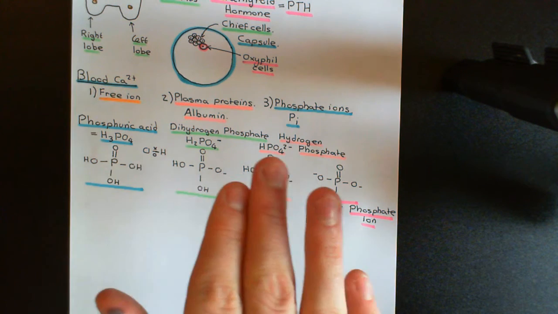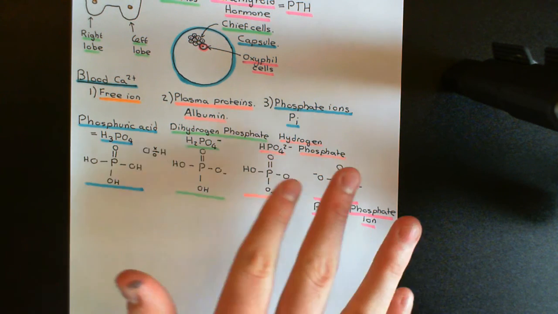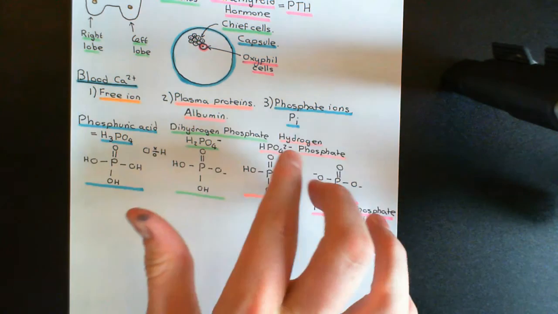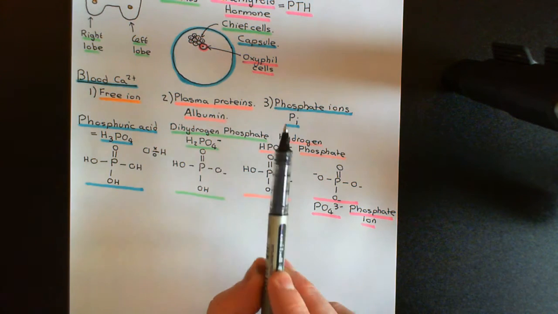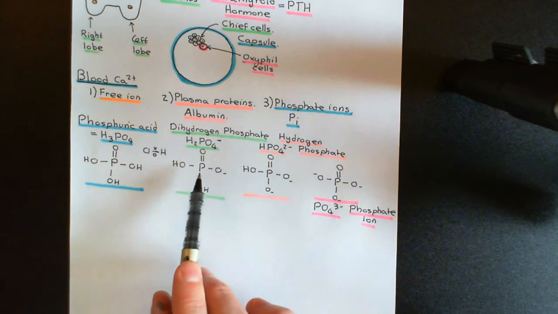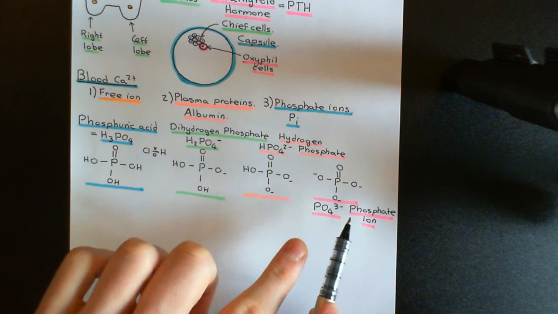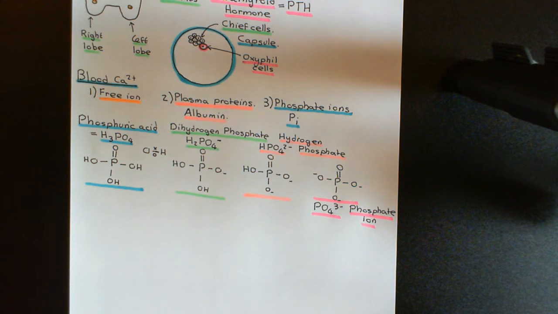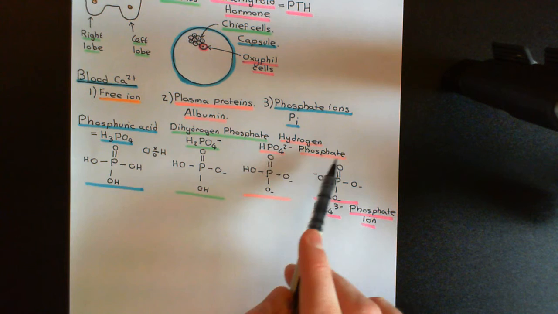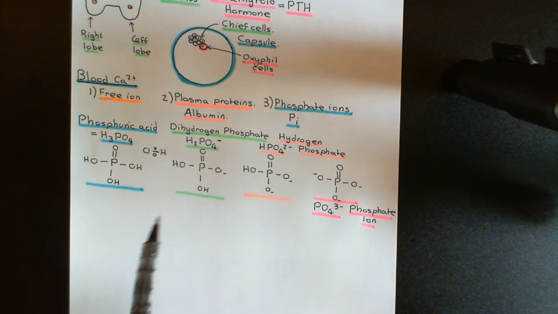So dihydrogen phosphate, hydrogen phosphate, and the true phosphate ion will all be written Pi, like so, as far as biology is concerned. So when people write Pi, they mean any of these three, not necessarily this one. And in fact, in the normal pH of blood, you have very little of this one. It's mainly these two that are actually in existence.